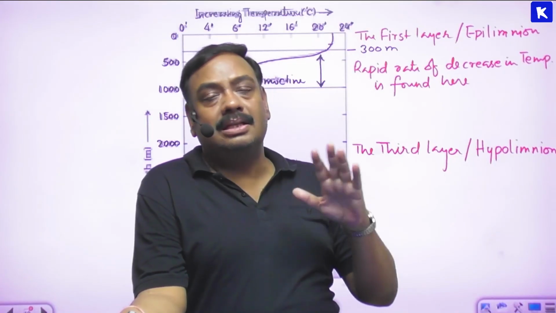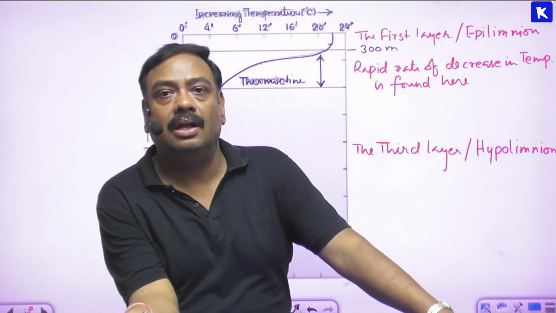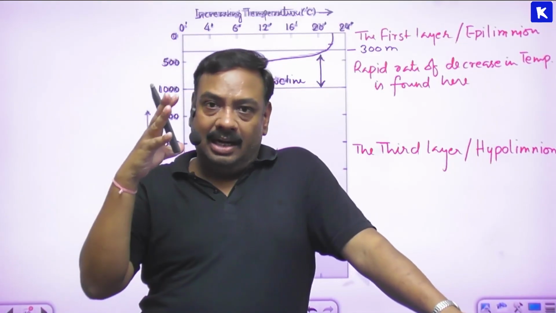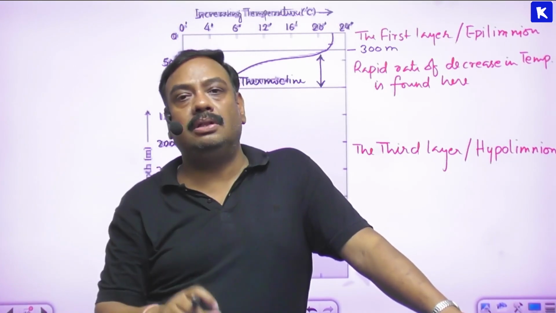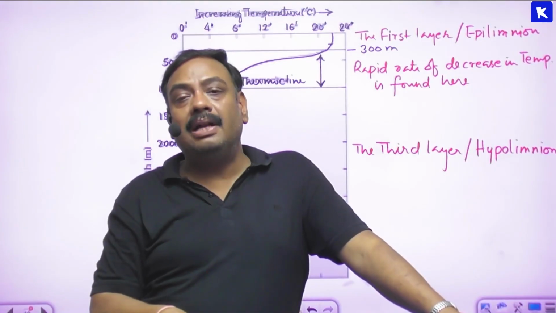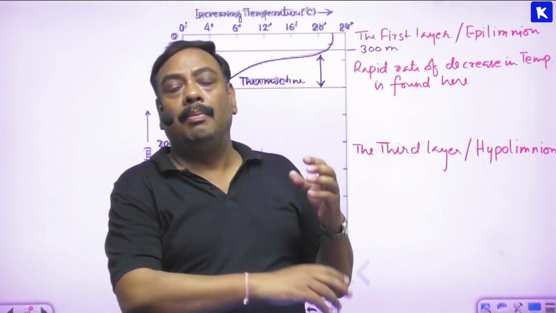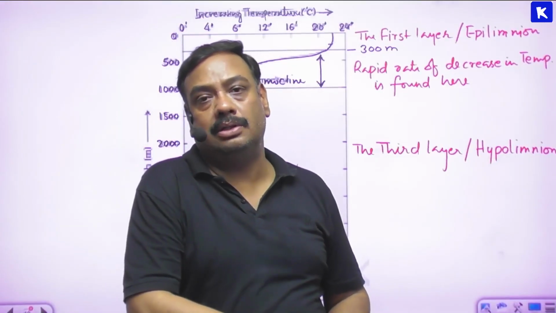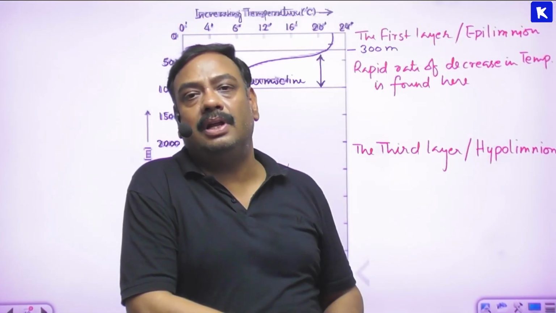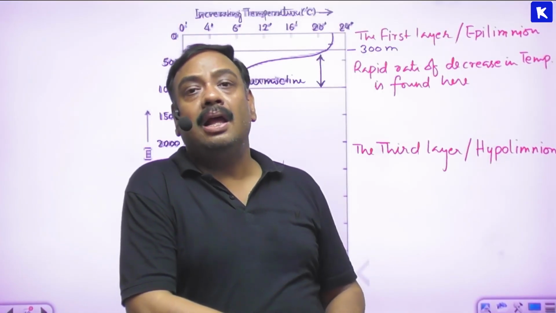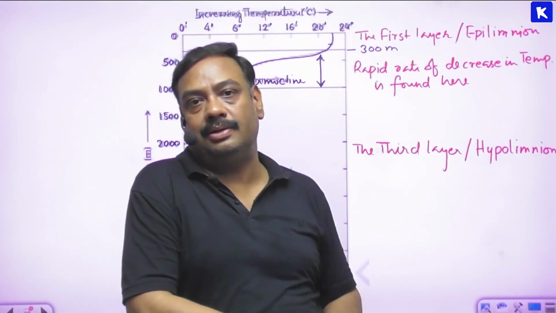Wherever the received amount of heat energy is much, there is much transmission of heat energy towards the bottom. If there is a little amount of heat energy received on the surface, the transmission of heat energy towards the bottom is very insignificant.